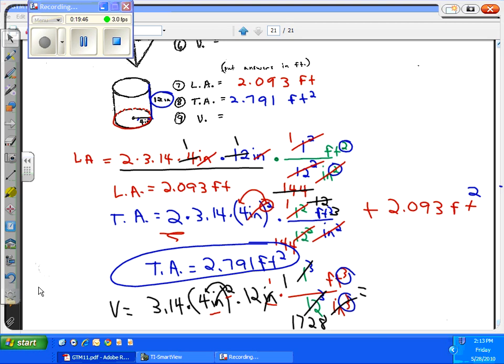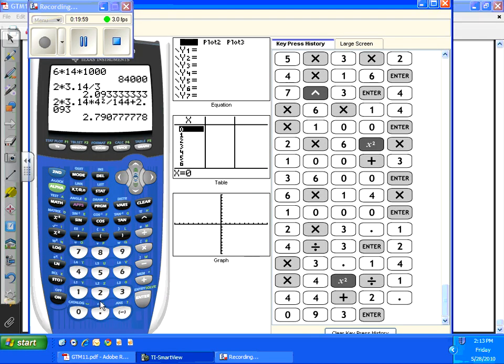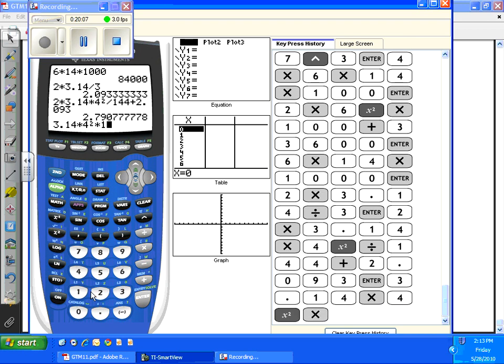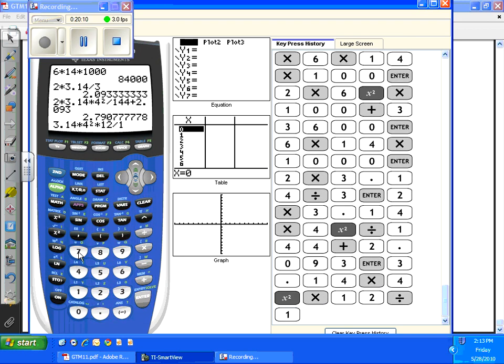So we're going to have 3.14 times 4 square times 12 divided by 1728 cubic feet. Pi times 4 square times 12 divided by 1728.